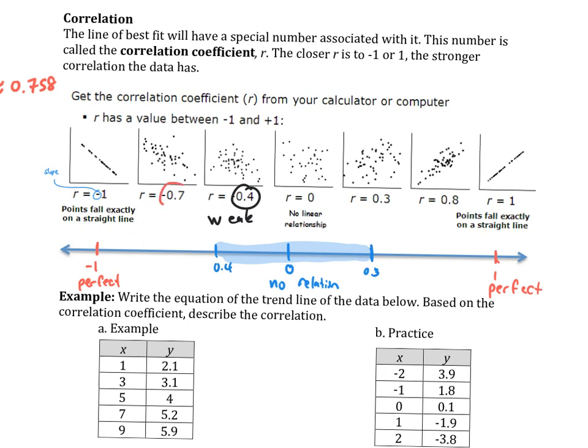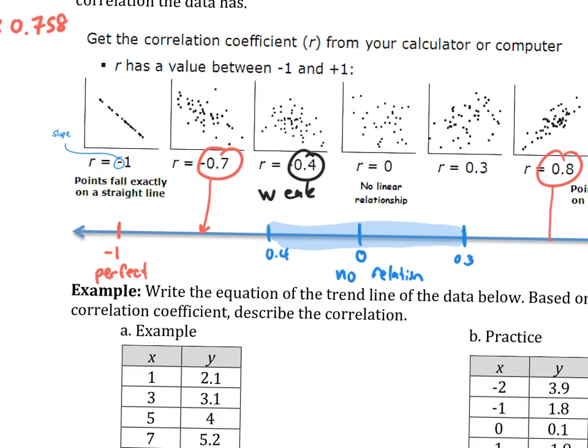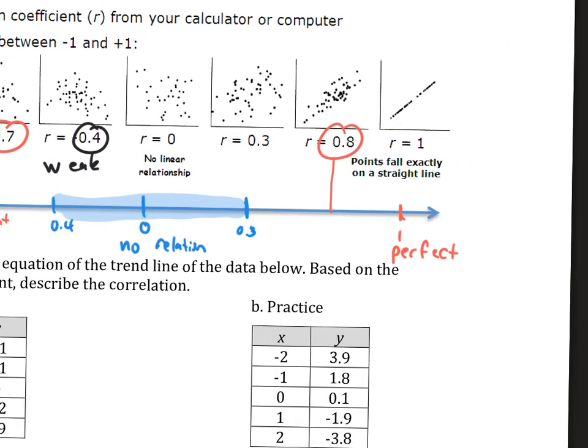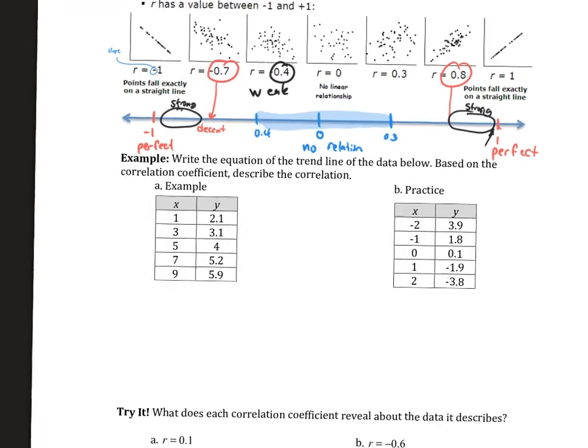And at the 0.7 or the 0.8, that's where you start getting into a decent or middle of the road sort of relationship. And in this region, we'd probably get into the strong. So we would say a strong negative correlation. So above 0.8, we would say a strong correlation. The closer it gets to there, you would say very strong until you get to perfect.